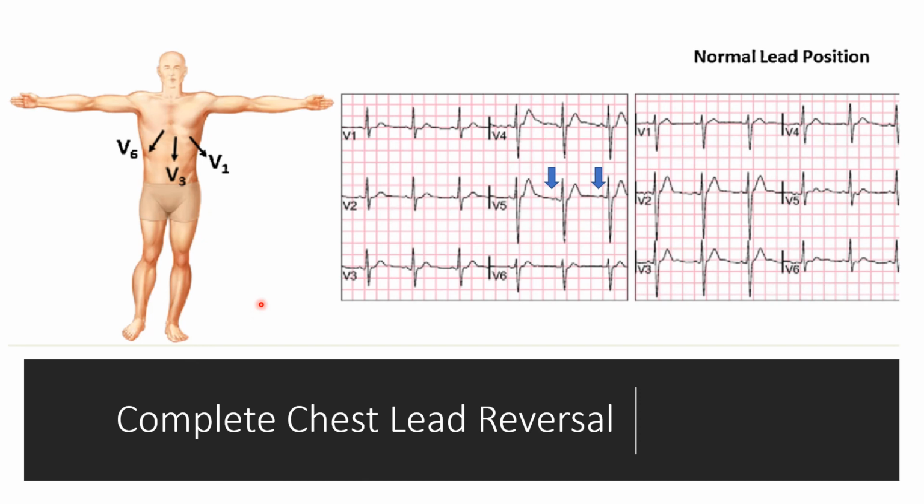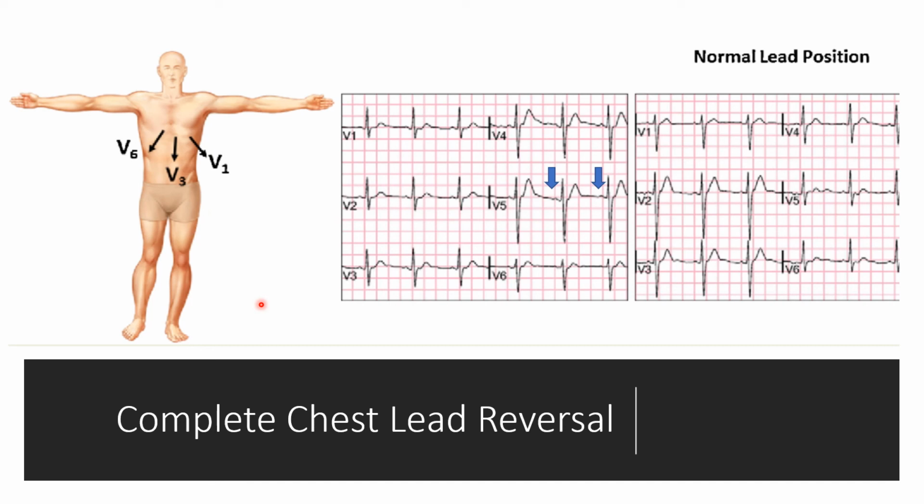So you were given an ECG that looks like dextrocardia with right axis deviation, negative P waves in lead 1 and AVL, and positive P waves and QRS complexes in lead AVR. Except the precordial leads do not align with dextrocardia. There are still big R waves in leads V3 to V6 and P waves in V5 and V6 that are positive, which shouldn't be the case in dextrocardia, right?